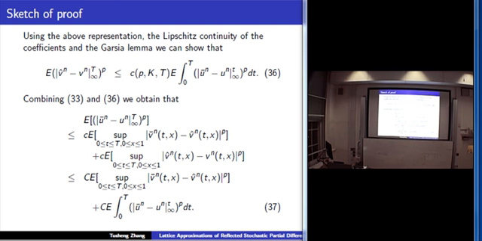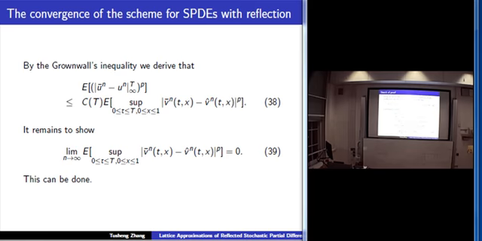So if we start from here, then I introduce this intermediate random field. So what I get is this inequality. Now I can use the Gronwall lemma, and this will be bounded by this part. So it remains to prove these two random fields will be close, which is to say the difference goes to 0.